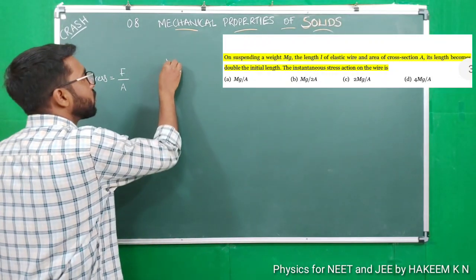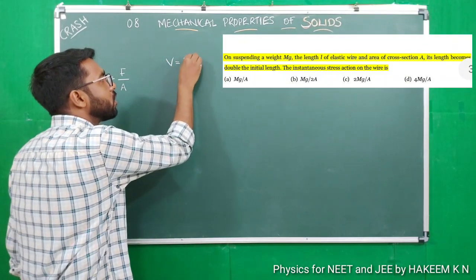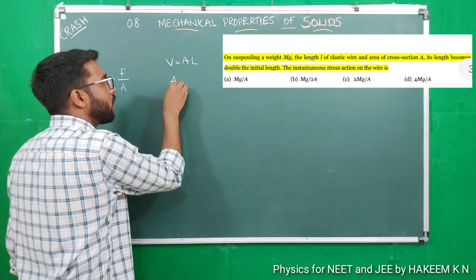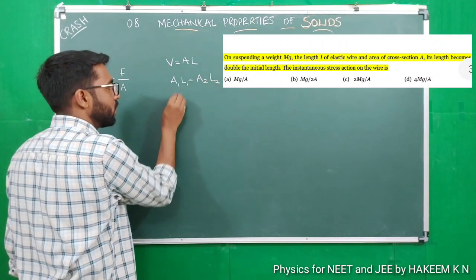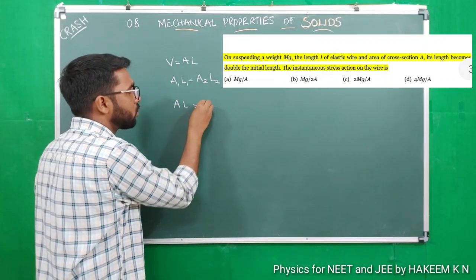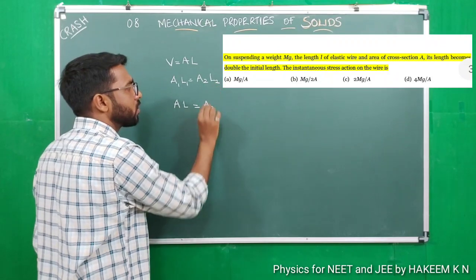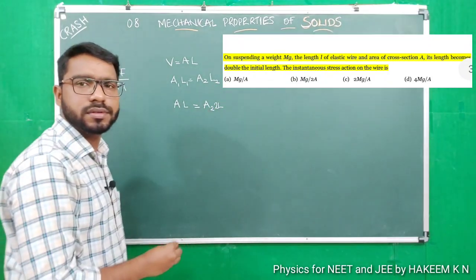Why? We know that volume of a material is constant, area into length. A1 L1 equal to A2 L2. Initial area of cross section is A, initial length is L, equal to final area A2 and final length 2L.